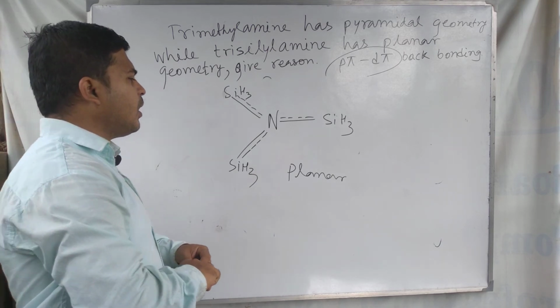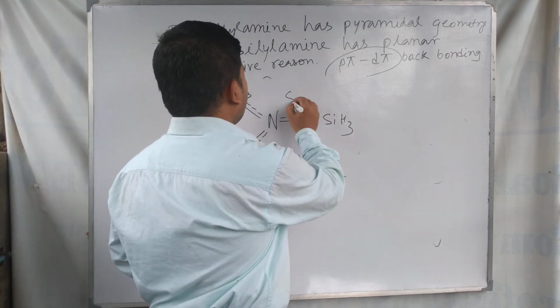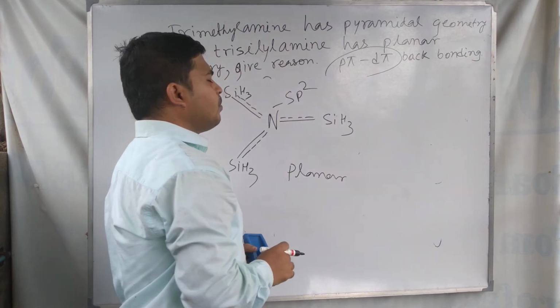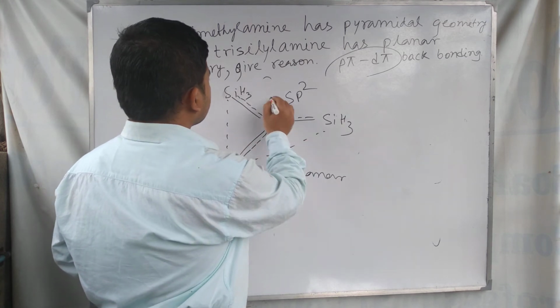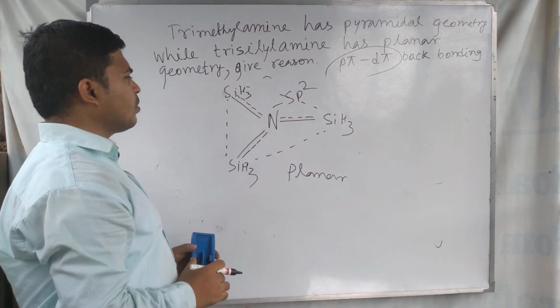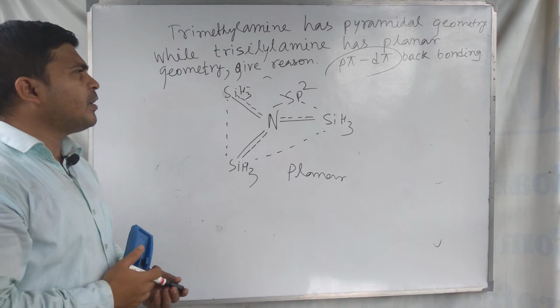As a result it is becoming planar in structure, and the hybridization of nitrogen is sp2, sp2 hybridized and planar in structure.